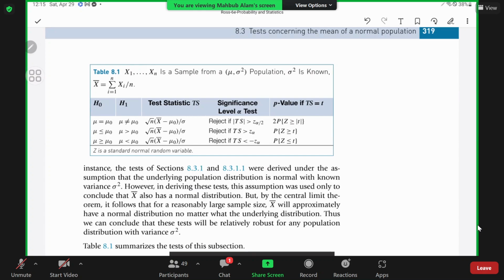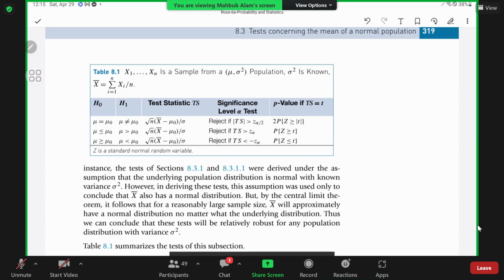The square root of n is taken in front instead of in the denominator; it is the same. Then at significance level alpha, we reject the null hypothesis when it is in the critical region, and we can calculate the p-value. So if you have the table in place, then you can do it.